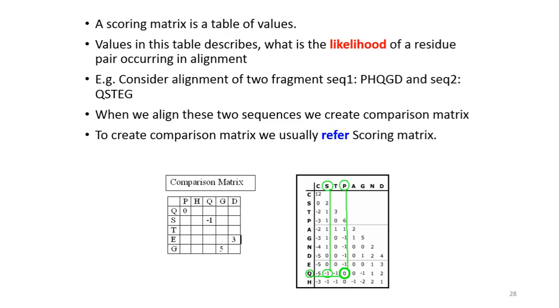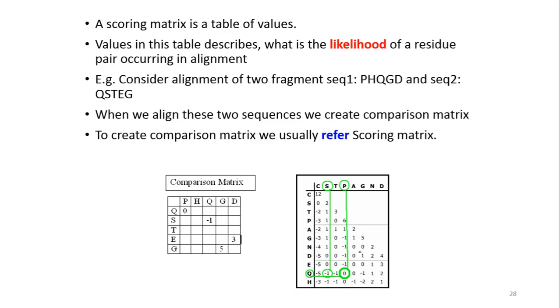Scoring in any alignment is done through a scoring matrix, as you can see here. Whenever you try to align two sequences, you are supposed to score them using something called a scoring matrix. So first let us try to understand what the scoring matrix is in the first place.